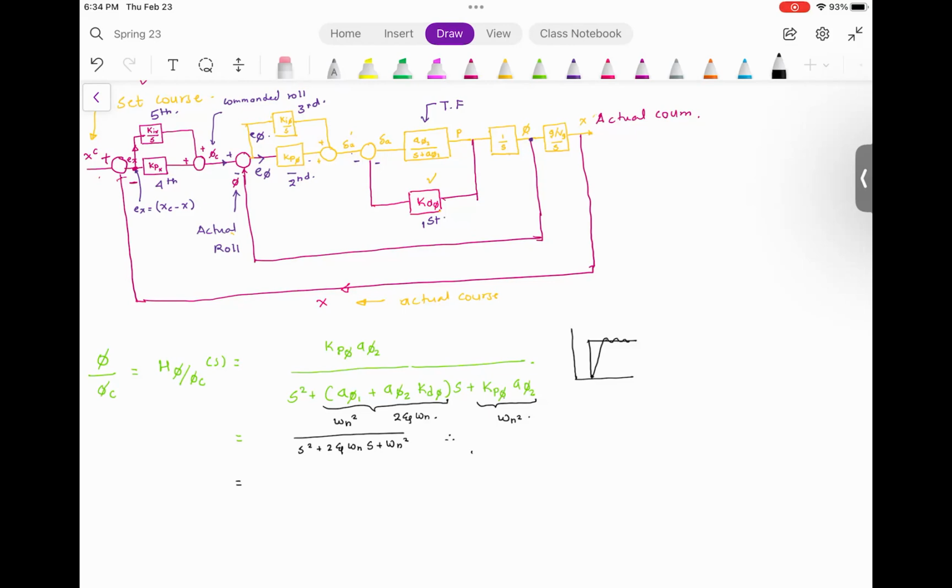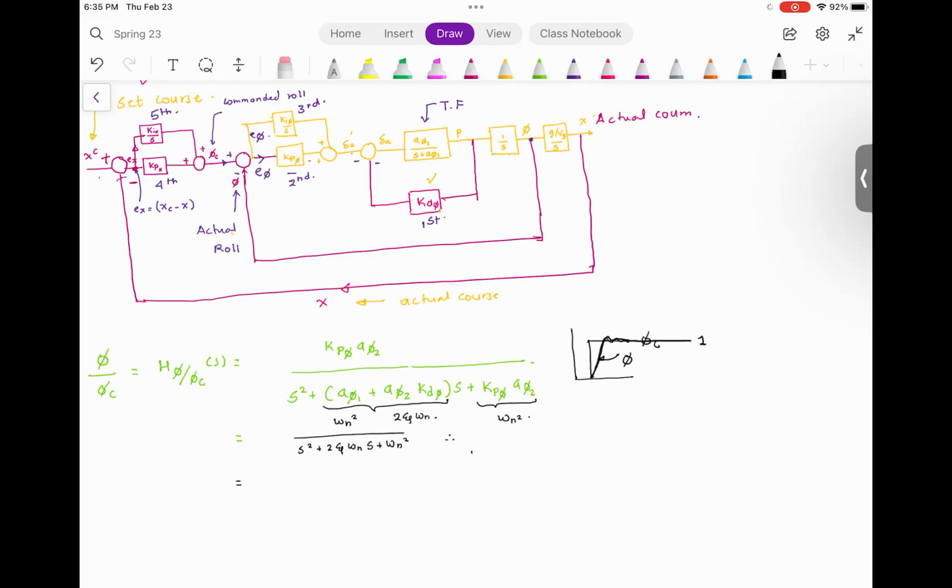That's why I wanted to spend time on these equations. At the end of the day, I'm looking at the roll. This is the commanded roll, and this is the actual roll. So I am going to set up the values of KD and KP in such a way that, for this roll disturbance, I get 1 at the end.